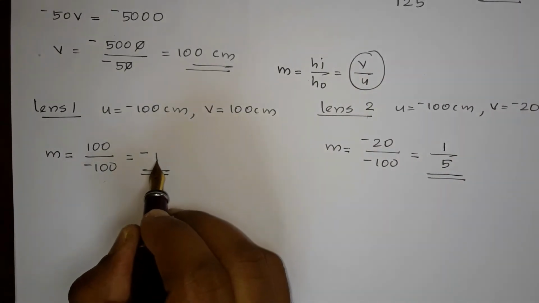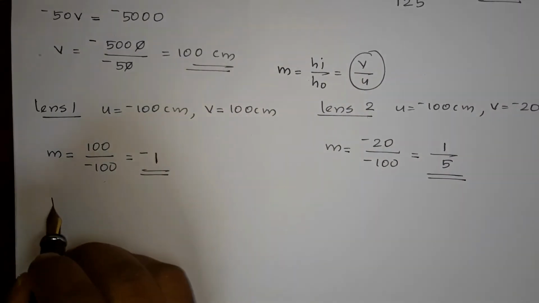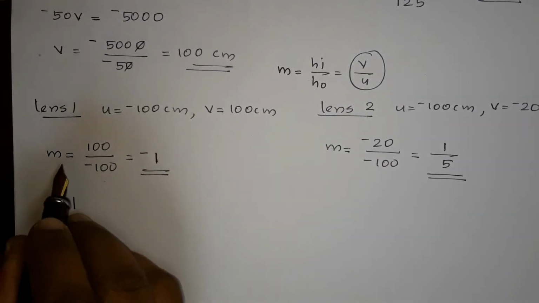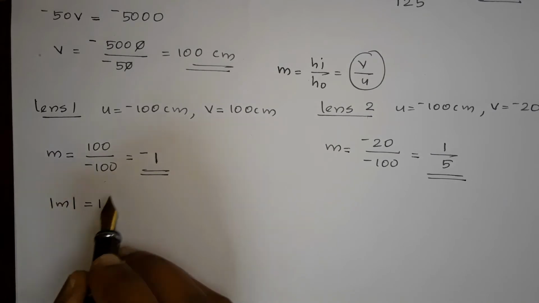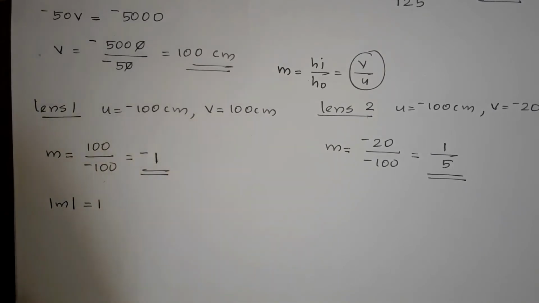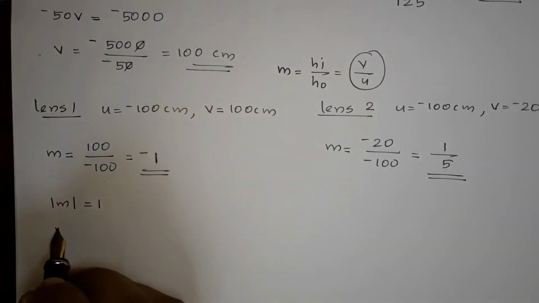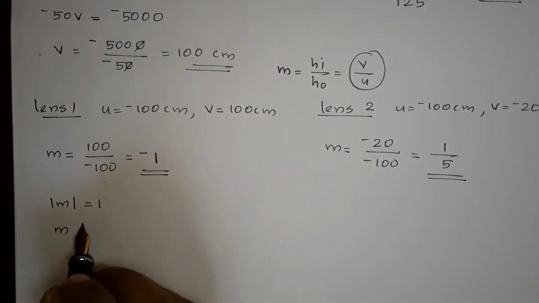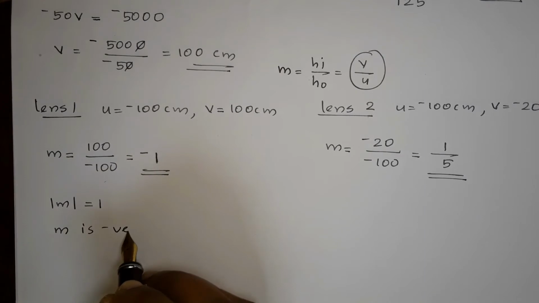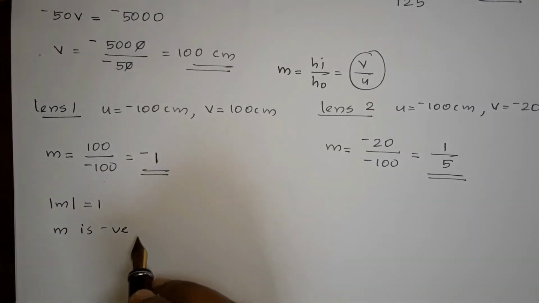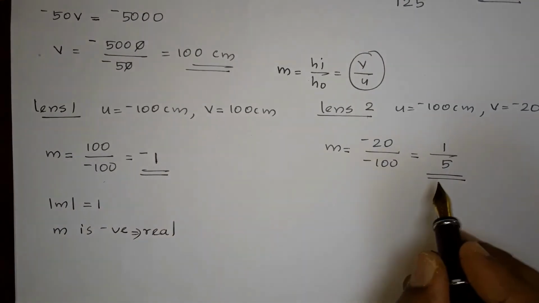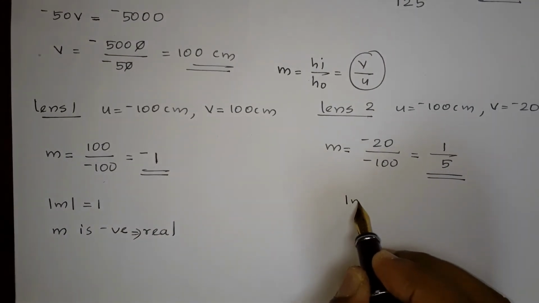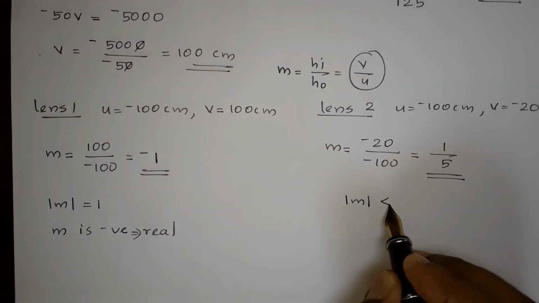Here M is 1. Magnitude of magnification, modulus of M is equal to 1, means size of the image is same as size of the object. And M is negative means what? M is negative means it is inverted. That is a real image. Real image we got here. Here see, modulus of M is 1 by 5, means it is less than 1.